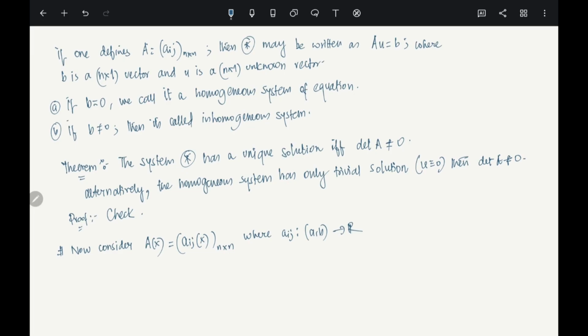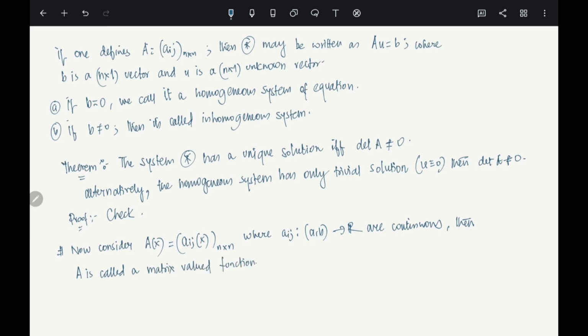Now, if you are writing like this, and I am assuming the a_ij are continuous, then the function A is called a matrix valued function.